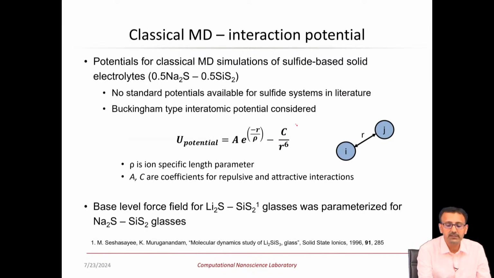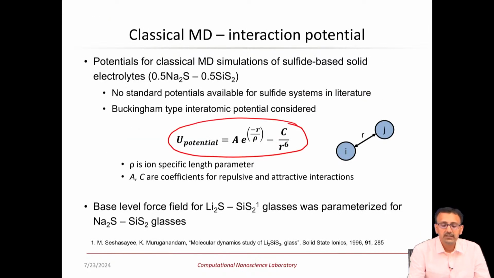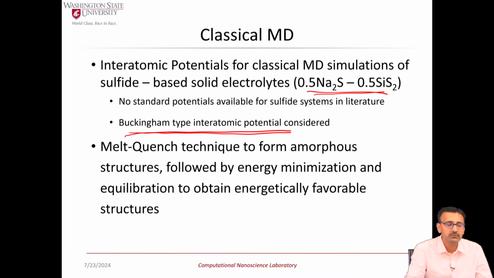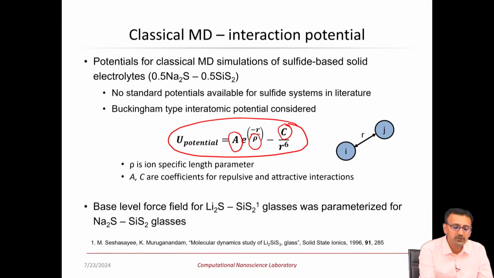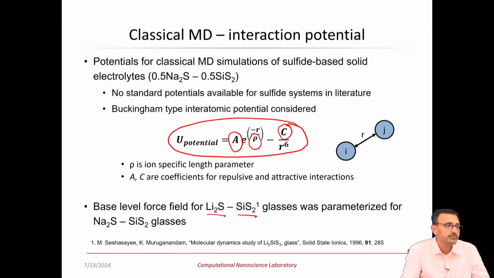So, here is the mathematical form of this potential. There are a couple of constants involved, as you can see, A and C and rho. So, these are certain parameters that need to be used as inputs in this model, but these were not available for this specific type of glass. However, it was available for the lithium sulfide silicon sulfide counterpart, you know.